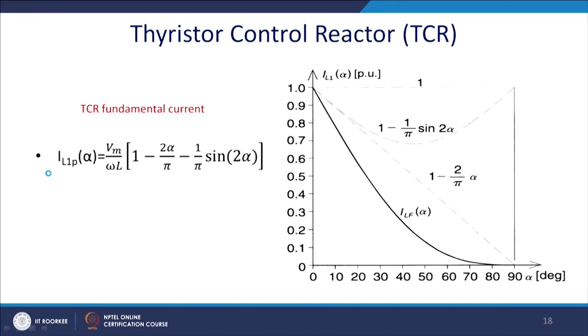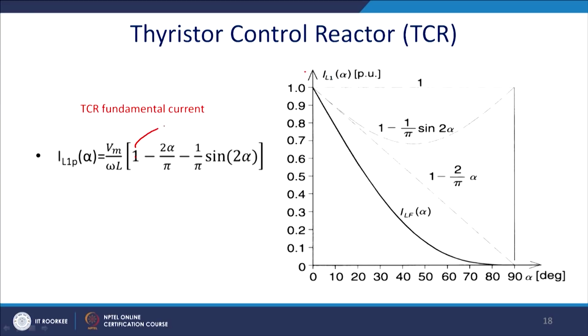Now, let us see graphically how it will work. This is the current value plotted on the y axis in terms of alpha, with the angle in degrees. At alpha equal to 0 you get 1.